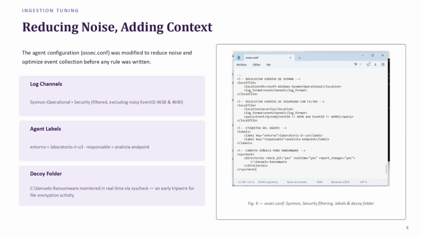Second, I add labels to identify the environment and the responsible analyst. Third, I created a decoy folder called Señuelo Ransomware. This folder is monitored in real time. If ransomware starts to encrypt files, this folder works like an early warning system.